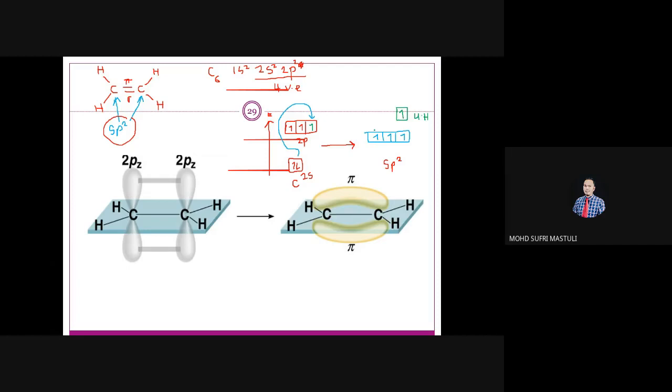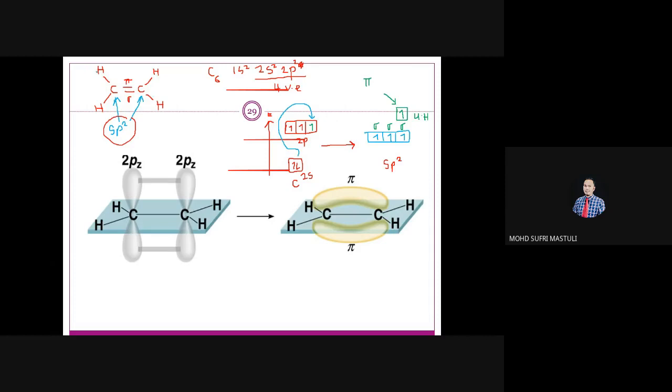So this unhybridized half-filled orbital will form pi. This one will form sigma, this one will form sigma, this one will form sigma.